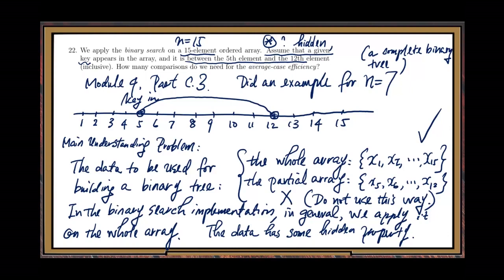But you already completed data processing, right? So based on that understanding, you should use the whole array to build your binary tree.